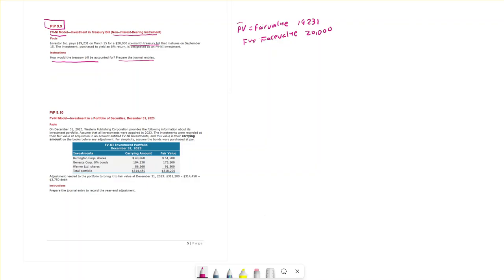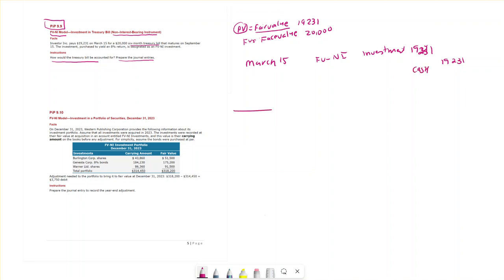So our first entry will be at the fair value, on March 15th. March 15, we as the investor debit fair value net income investment, and it will be 19,231, we paid cash.